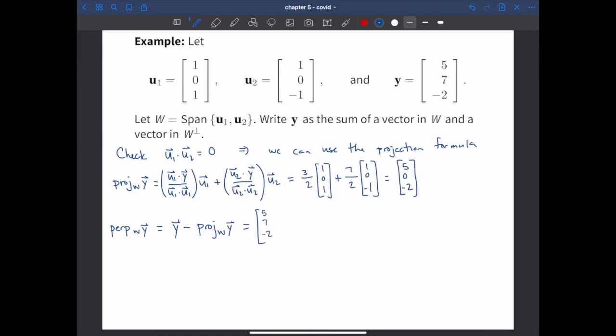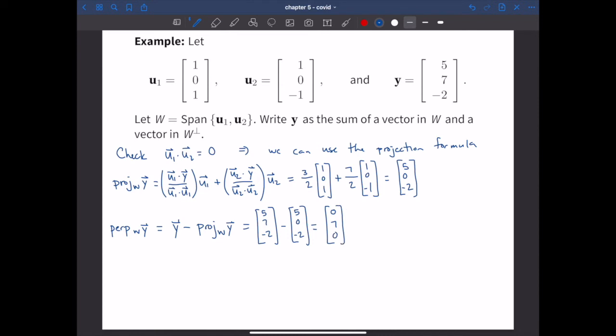So 5, 7, negative 2 minus 5, 0, negative 2, and that just leaves us with the vector 0, 7, 0.